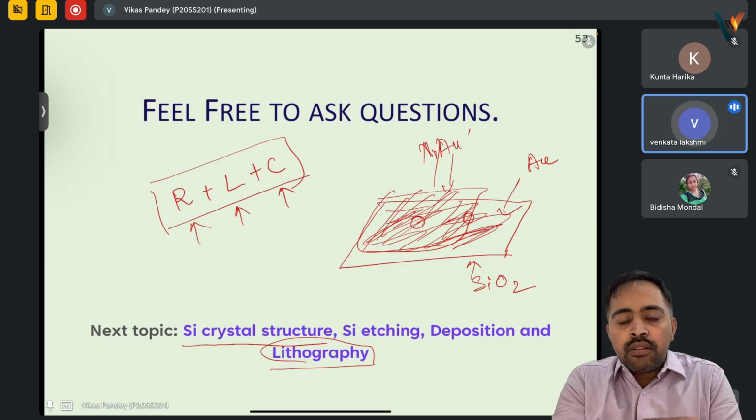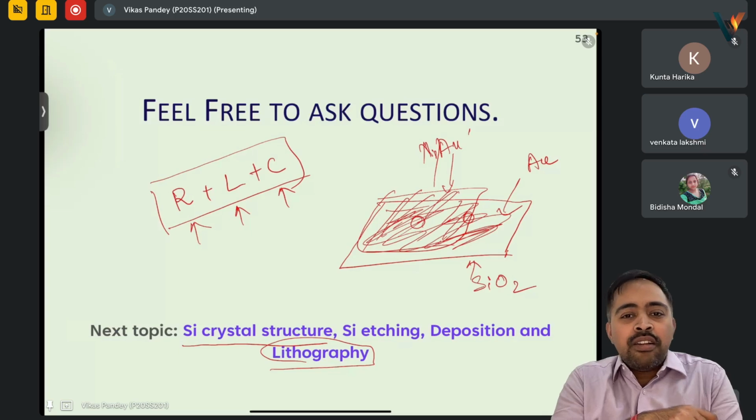Sir, I am faculty of instrumentation, sir, in Andhra, sir. So I want to know the MEMS, sir. Thank you, sir.